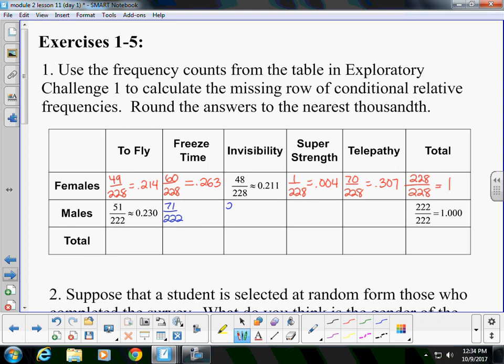I'm looking back at that first table for each of those numbers. 27 divided by 222. And for super strength, it was 25 divided by 222 males. And for telepathy, it was 48 divided by 222.